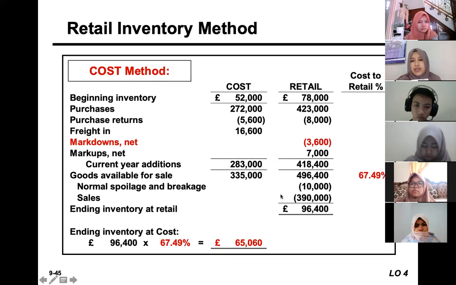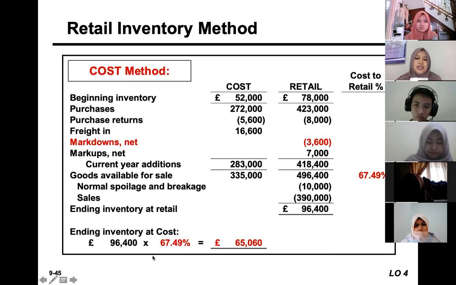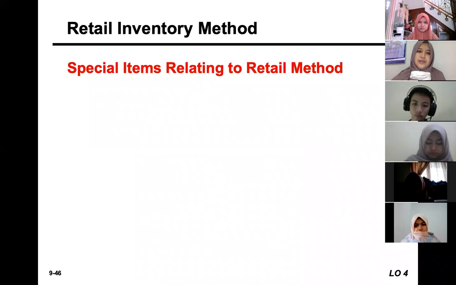Because the goods available for sale has now decreased, because we deduct the markdown. So the ending inventory under cost method will be higher, which is 65,060. Okay, so that is retail inventory method.